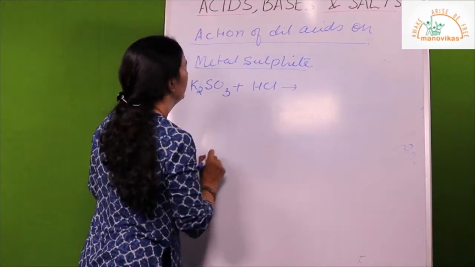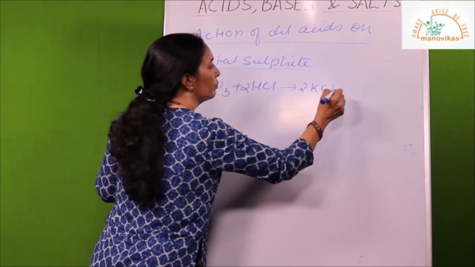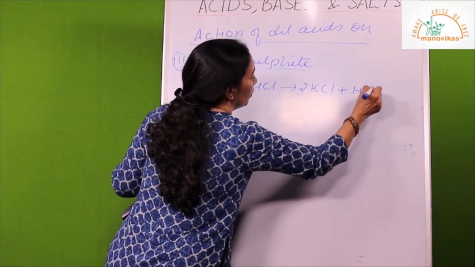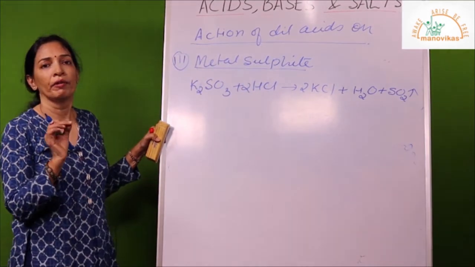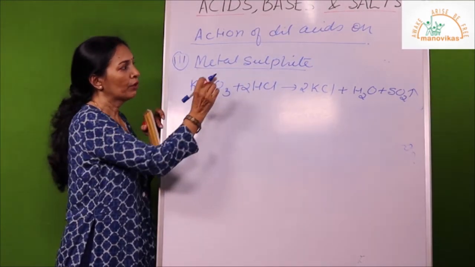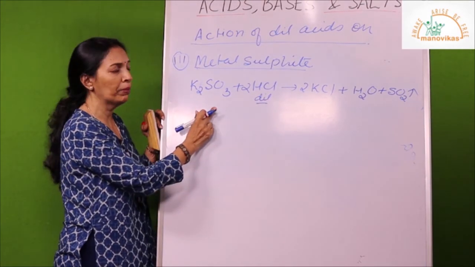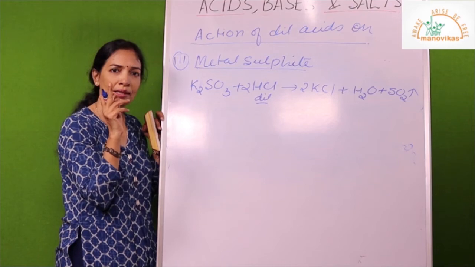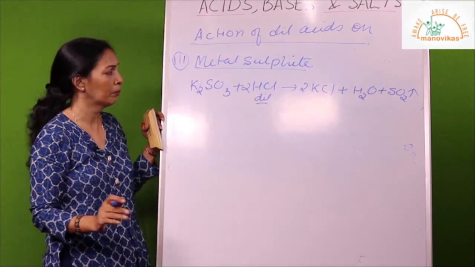It will give KCl plus H2O plus SO2. So what is the gas coming out here? Sulfur dioxide gas. The action of dilute acid on metal carbonate and sulfite, if you compare, you will find that there carbon dioxide gas was coming out and here sulfur dioxide gas. That's it, remaining all are same.